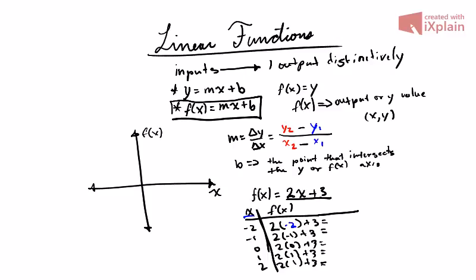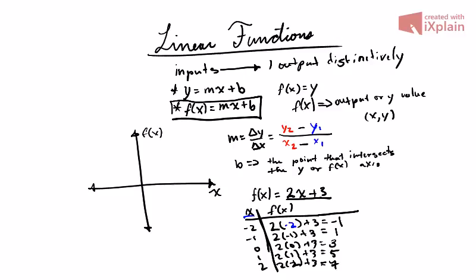So 2 times -2 is -4, -4 plus 3 is -1. 2 times -1 is -2, plus 3 is 1. 2 times 0 is 0, 0 plus 3 is 3. 2 times 1 is 2, 2 plus 3 is 5. 2 times 2 is 4, 4 plus 3 is 7.